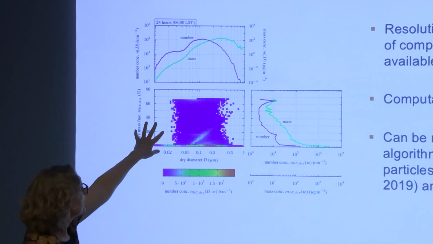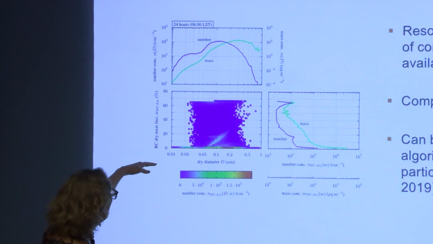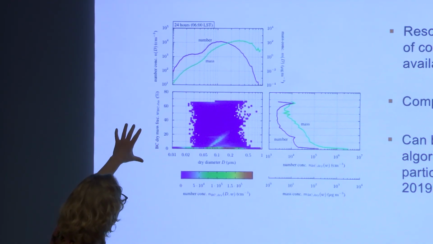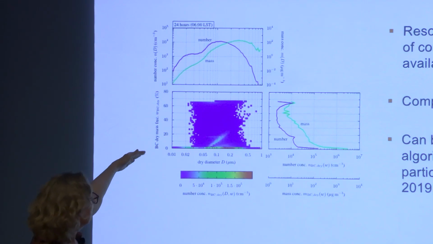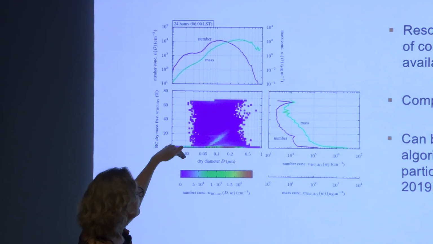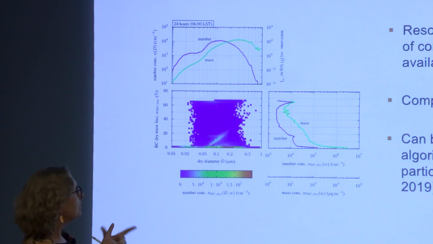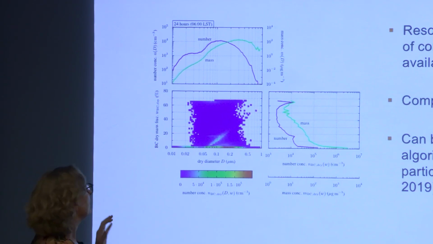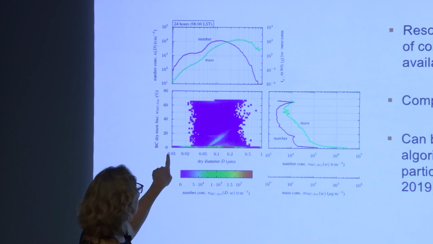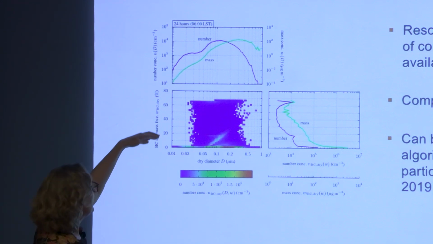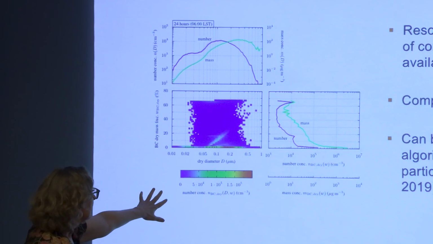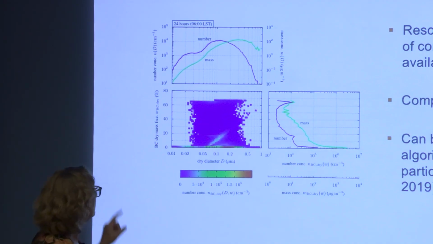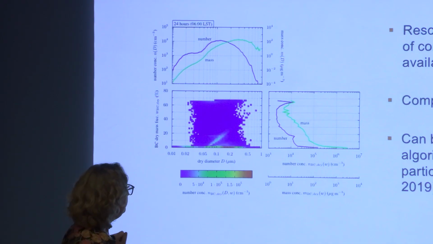So this is still a projection, but it shows you how the black carbon mass fraction in the particles changes with diameter, right? So a 2-dimensional projection of the higher dimensional particle population. So size still on the x-axis. On the y-axis is black carbon mass fraction. And then the color is how many particles you have in each of these two-dimensional bins.